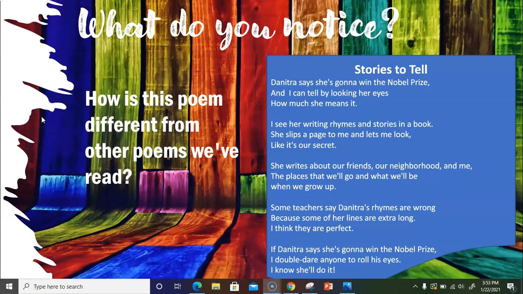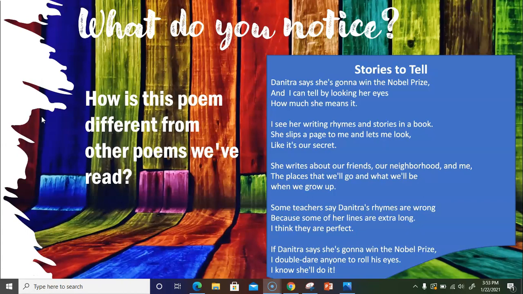Denitra says she's going to win the Nobel Prize. And I can tell by looking in her eyes how much she means it. I see her writing rhymes and stories in a book. She slips a page to me and lets me look, like it's our secret.